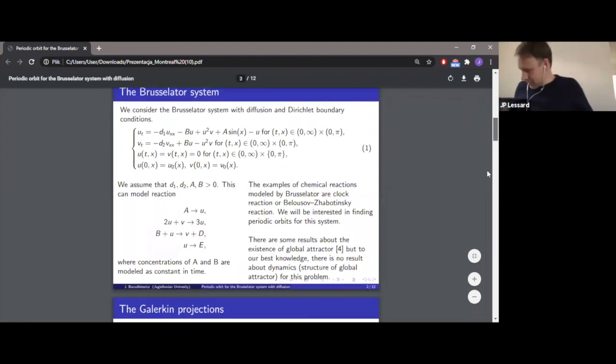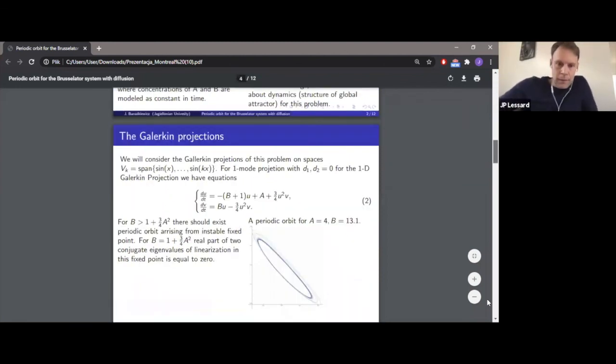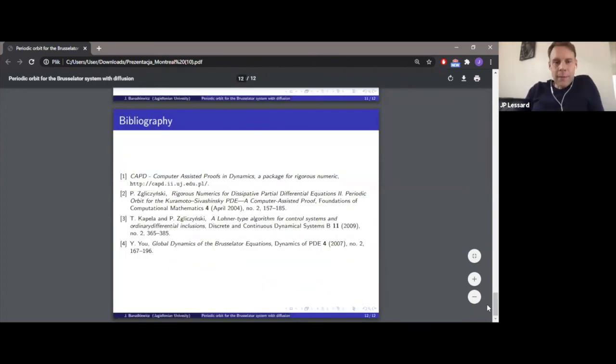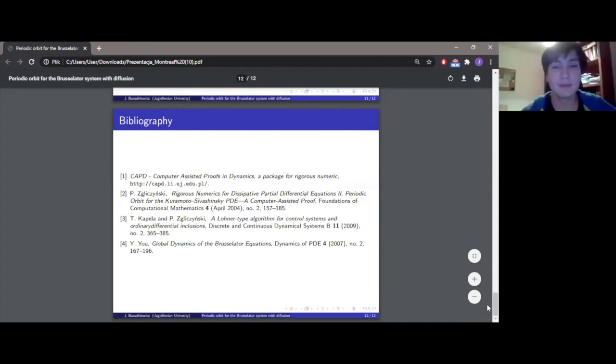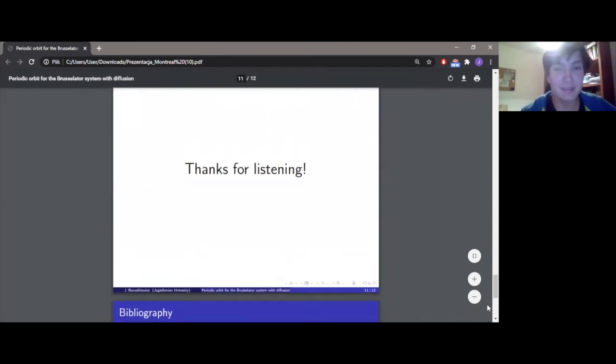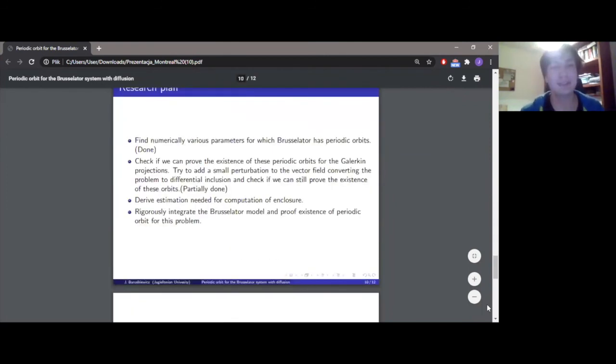Other questions or comments? So I have one. Right now you are aiming to prove a stable orbit using Schauder fixed point. Let's say that your research plan works and everything is done. Afterward, how would you be able to adapt this to unstable orbits? Would you have to change the approach completely? I think Daniel Wilczak gave a talk about covering relations in infinite dimension, and I think it could be adapted to this.